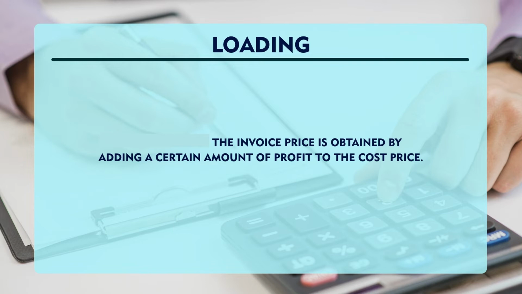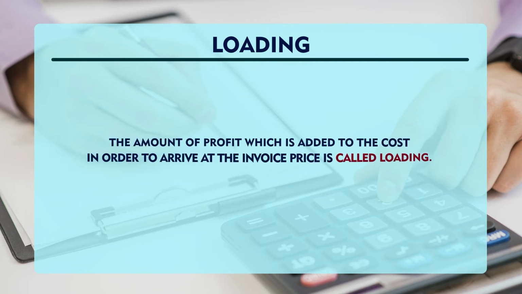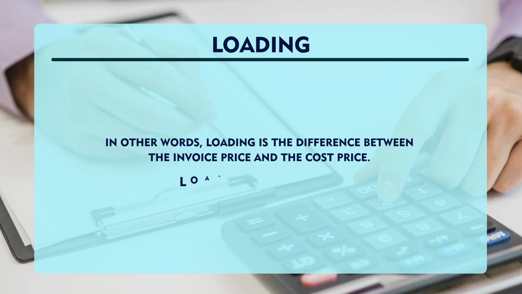So, cost price plus profit is equal to invoice price. The amount of profit which is added to the cost in order to arrive at the invoice price is called loading. In other words, loading is the difference between the invoice price and the cost price. That is, loading is equal to invoice price minus cost price.